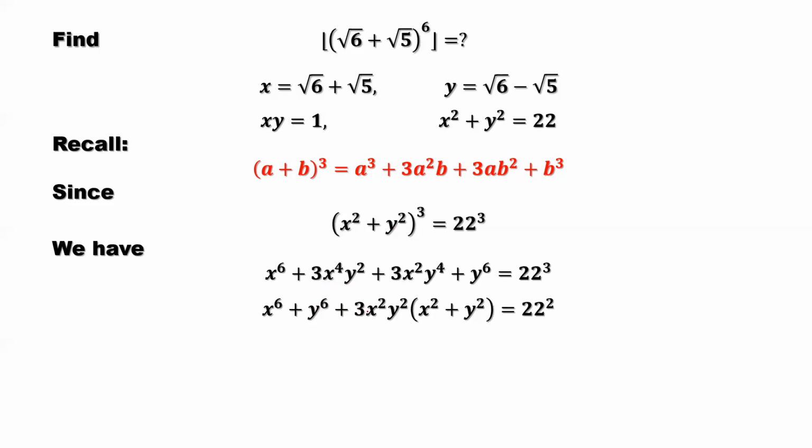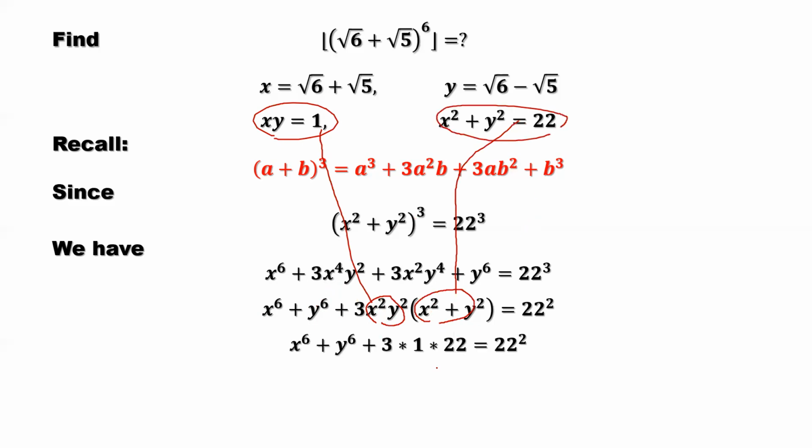So here, x times y, then squared. What is x times y? It's 1. So x squared times y squared is 1 here. Right? It's 1 here. x squared plus y squared. What is this? This is here, 22. Right? We can plug in here.